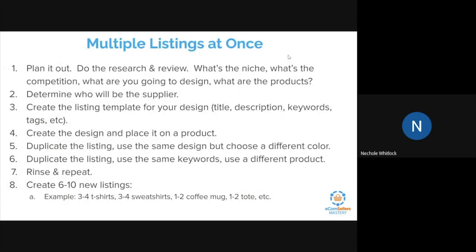Once you've been consistent every day, that means 14 days straight, now you're ready to potentially take on creating multiple listings at one setting. So if you do 30 days, you'll definitely be more comfortable with it. But if you just do 14 days, at least you'll have some level of comfort. But you have to be consistent.